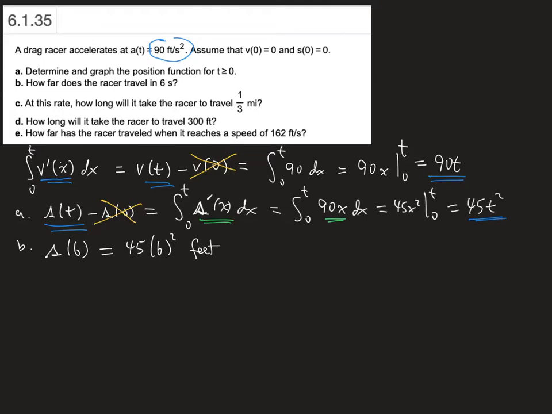The C part asks how long will it take the racer to travel 1/3 of a mile. So that's the same as saying find t so that s of t is equal to 1/3 of a mile. Now this is a little tricky because the units for s of t are feet, not miles.